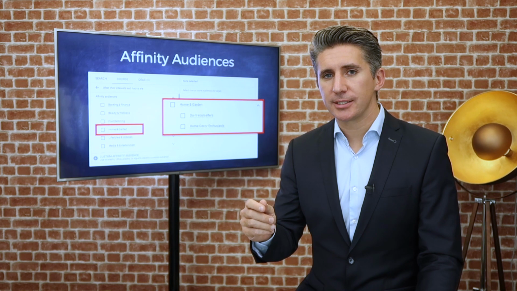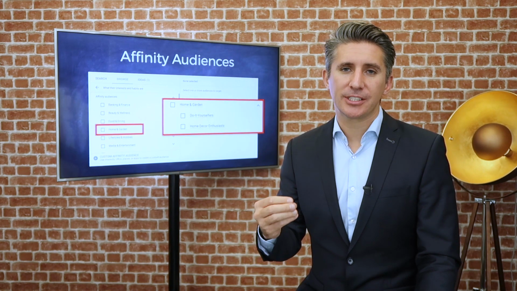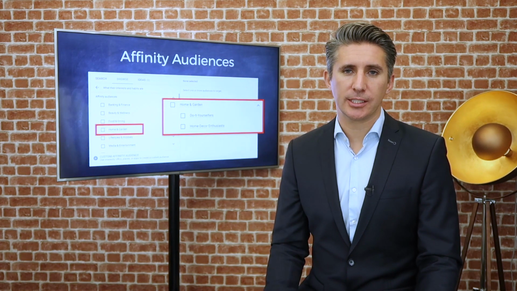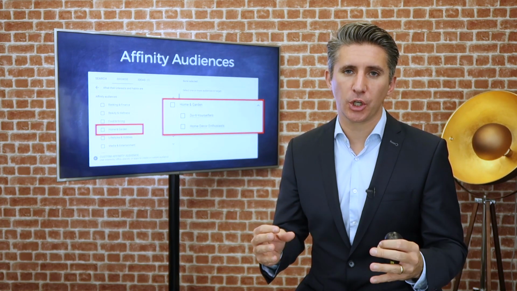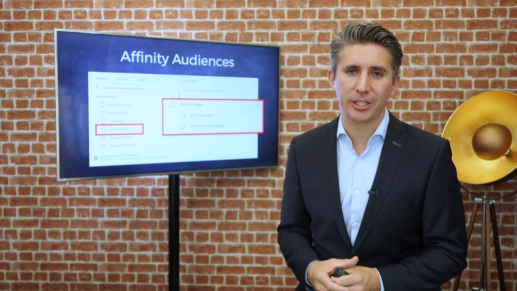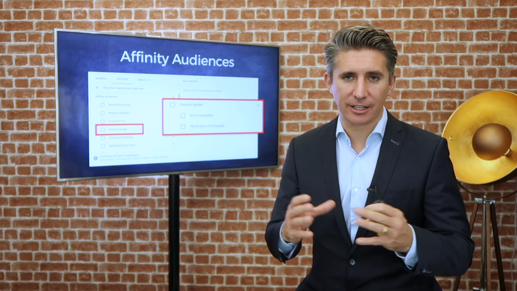But just remember that there are some indications here that say something about these types of audiences. First of all, I wouldn't pay too much attention to the exact words that are chosen. I don't think the actual labels of these audiences are that effective and that accurate.